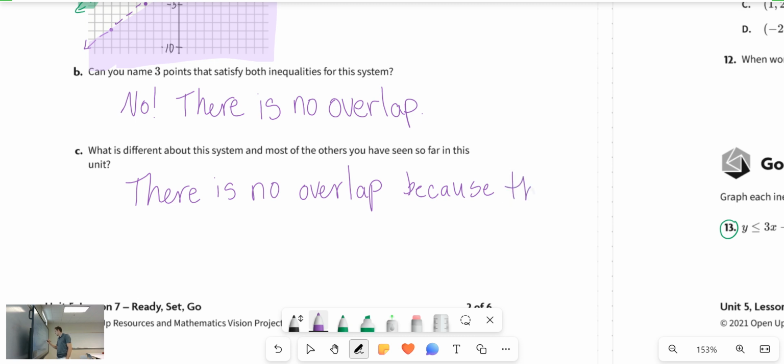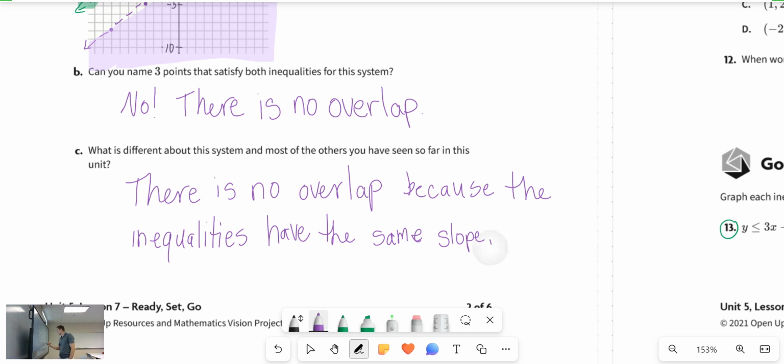Because the inequalities have the same slope, and their regions are separated by a gap.